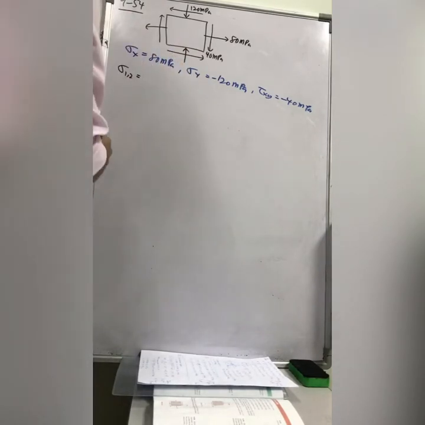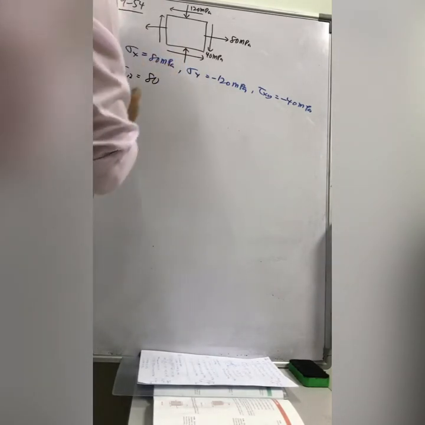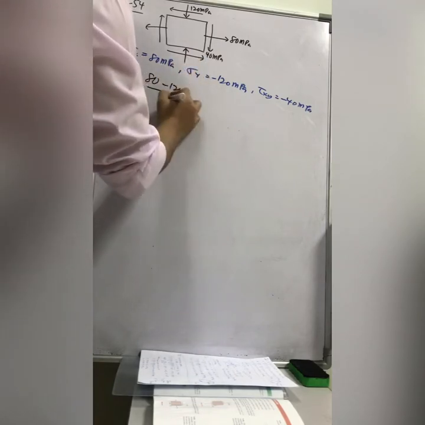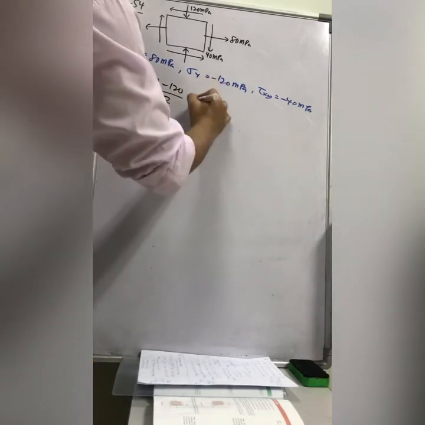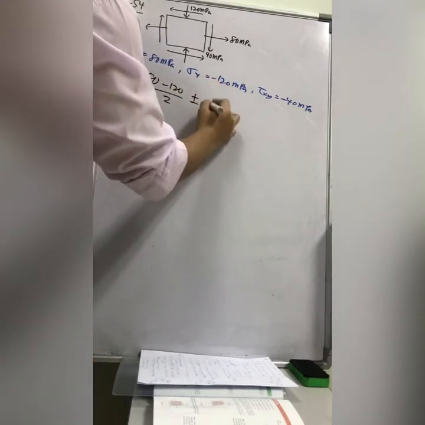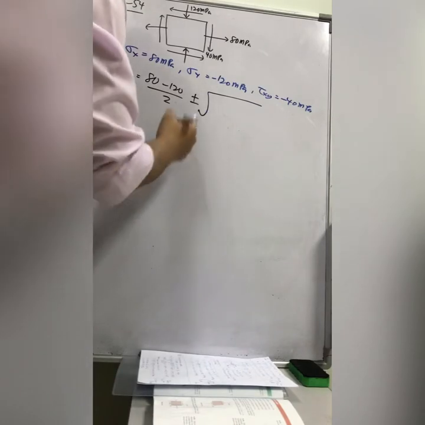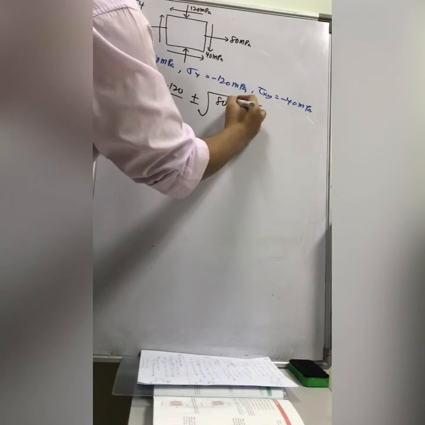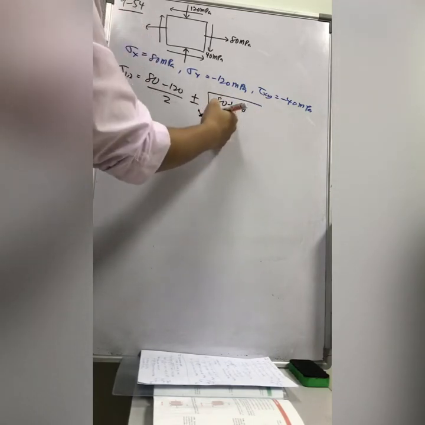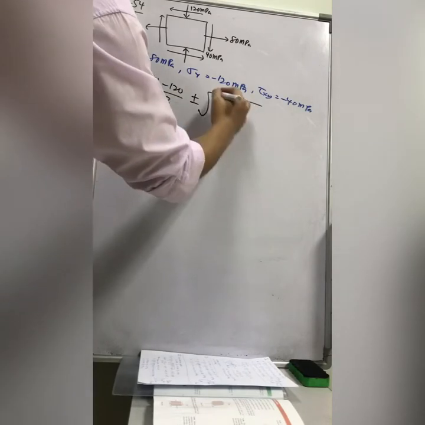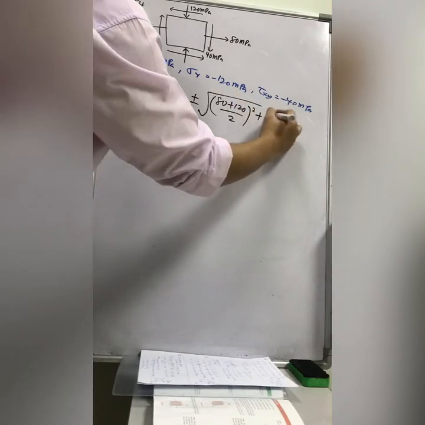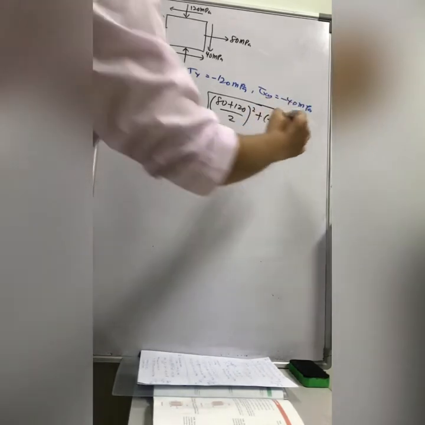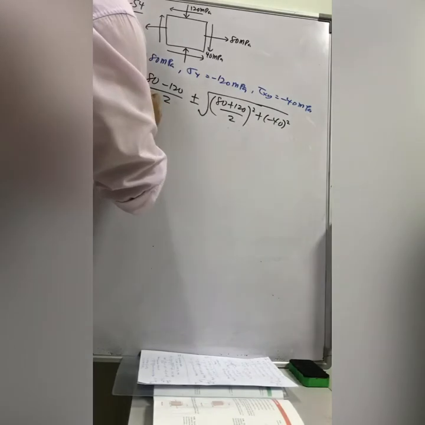It is given as sigma x plus sigma y divided by 2, plus or minus the root of sigma x minus sigma y divided by 2, whole squared, plus tau xy squared. You solve this, you get your sigma 1.